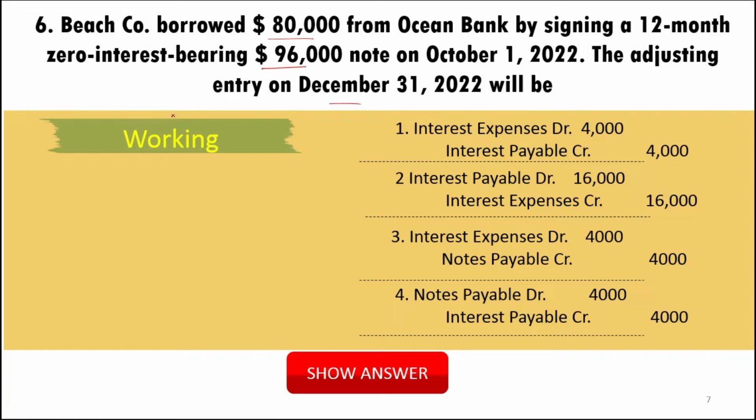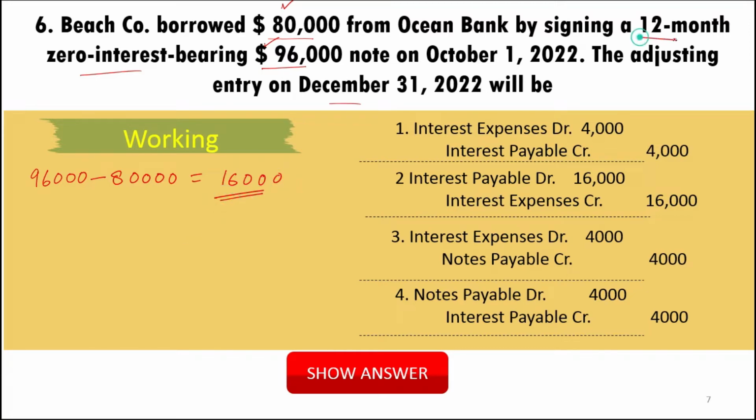In case of zero interest bearing, the rate of interest is not given, but it does not mean that there is no interest. Interest is there, but it is the difference between the amount borrowed and the amount to be paid. So total interest will be 96,000 minus 80,000. Total interest for the 12 months is 16,000.